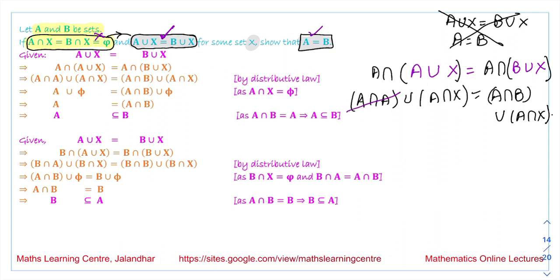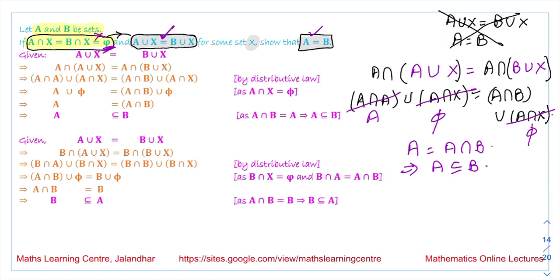A intersection A is A, and A intersection X is given to be empty. Then this is equal to A intersection B union A intersection X. Again, A intersection X is empty. So what we are left with is that A is equal to A intersection B. And if A is equal to A intersection B, then this means that A is a subset of B.